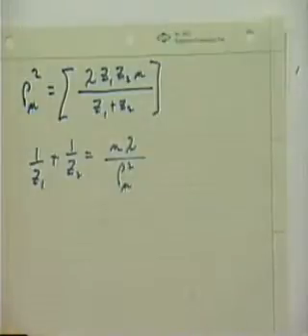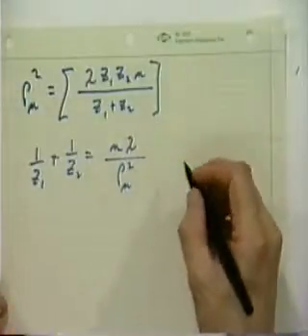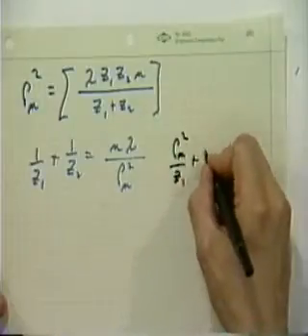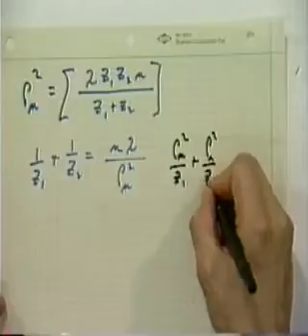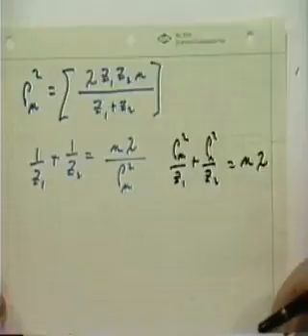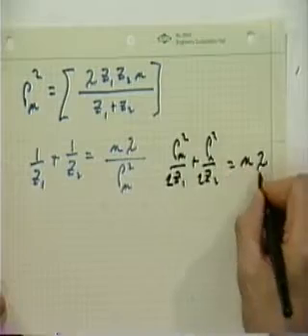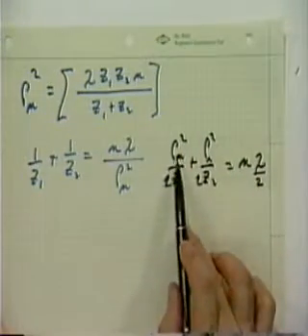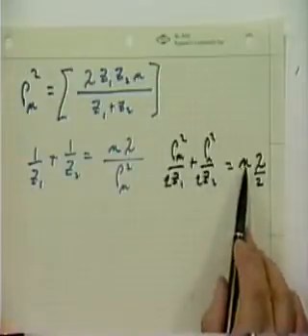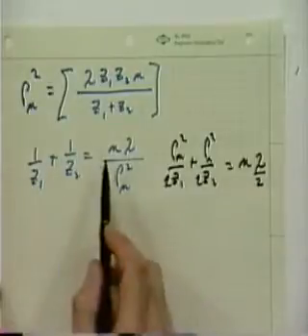My pen is dying. Or, the way maybe you like to think about this, we had rho sub n squared over z1 plus rho sub n squared over z2, and that was n times lambda. I'll put a 2 there, a 2 there, and a 2 there. This was the OPD, illuminating, viewing, and for the nth Fresnel zone, that OPD is n lambda over 2. Okay, so we have this right here.